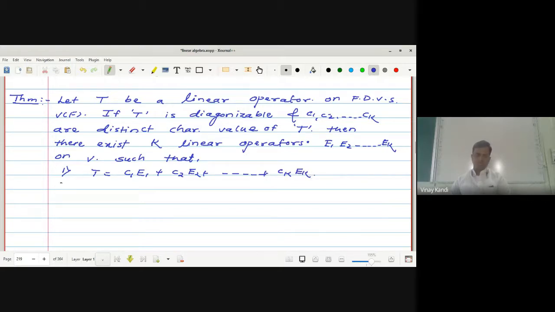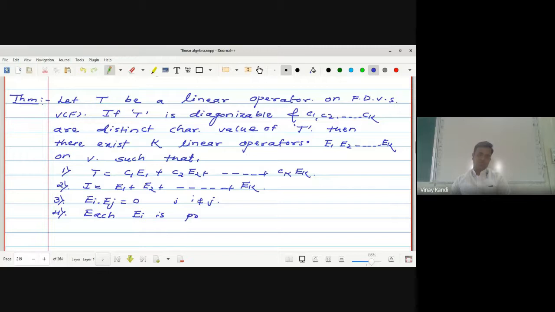Second one, I is equal to E1 plus E2 plus up to Ek. And third one, Ei Ej is equal to 0 whenever i is not equal to j.